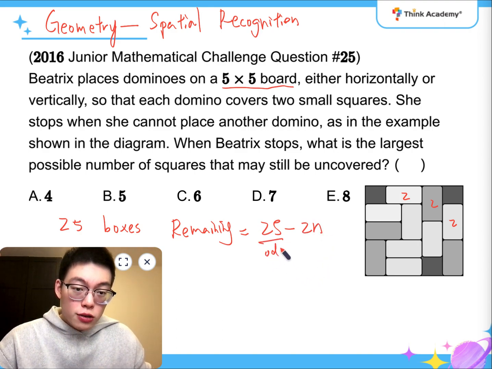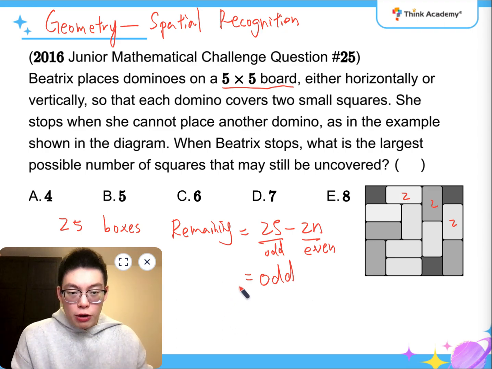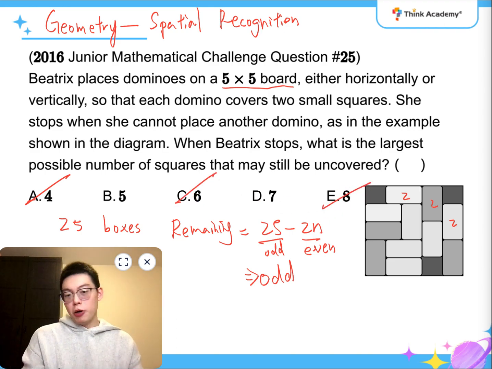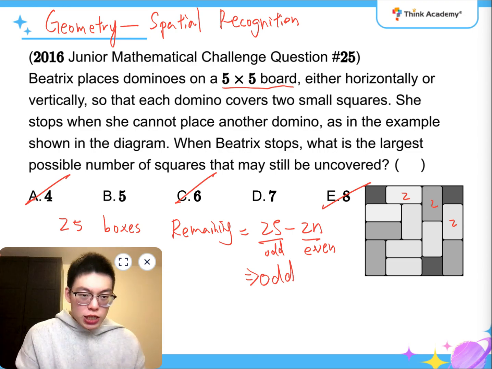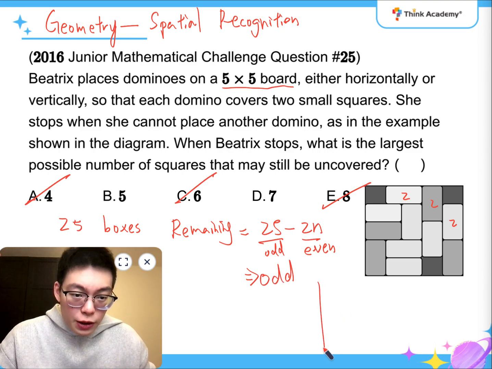That is odd. Take away an even number. So it has to be an odd number. The remaining has to be an odd number, which means that 4, 6, and 8 are not possible. So now we just need to investigate 5 and 7 to see which one of them works.